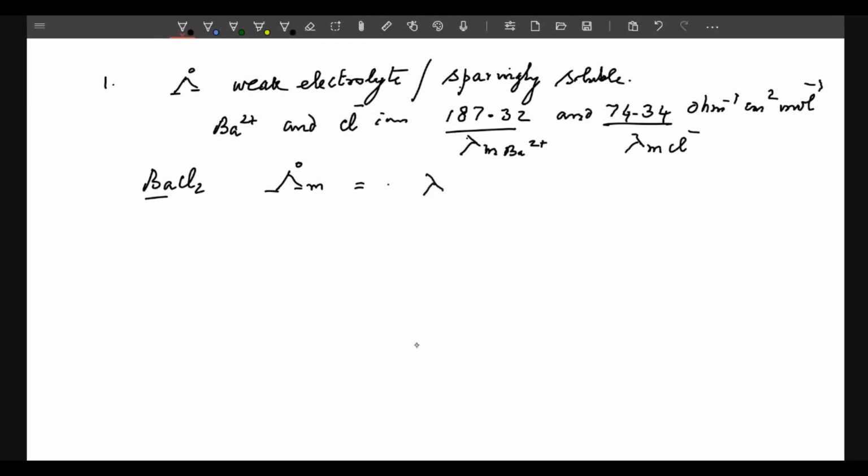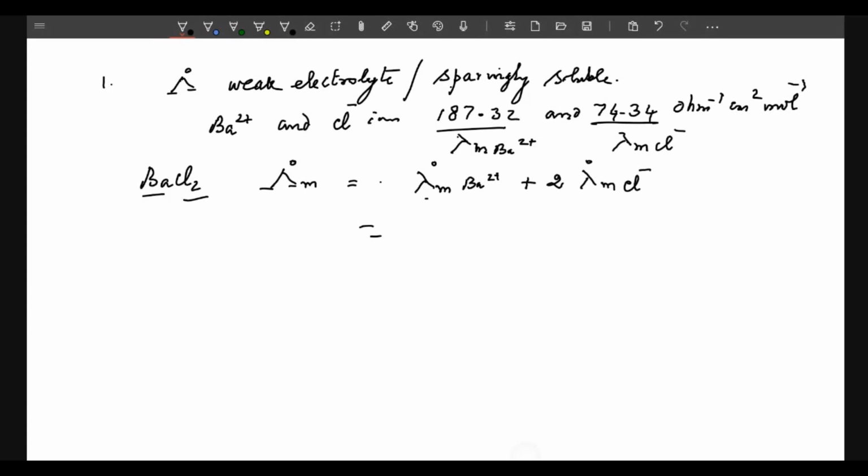One ion into the molar conductance of barium 2 plus, plus how many ions are present? 2 into the molar conductance of the chloride ion. Therefore, 187.32 plus 2 into 74.34 for chloride. Sum these two and you will get lambda naught m.